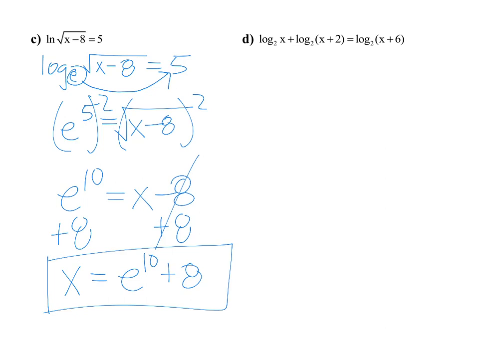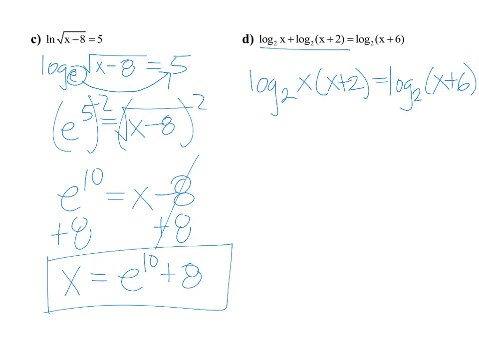On to the next. Let's see here. I got all these logs here. Can I condense it? Yes, I can. I have the sum here. I could rewrite that as a product. Okay, and now I have two logs that are equal to each other. So whatever I'm taking the log of for each of them, those pieces are equal to each other.